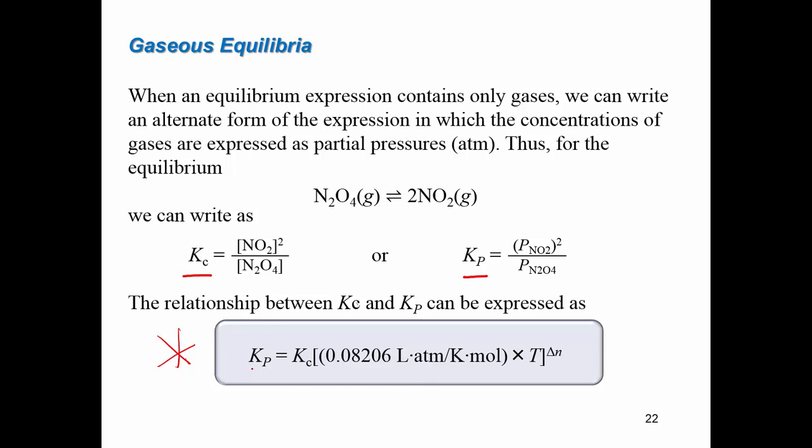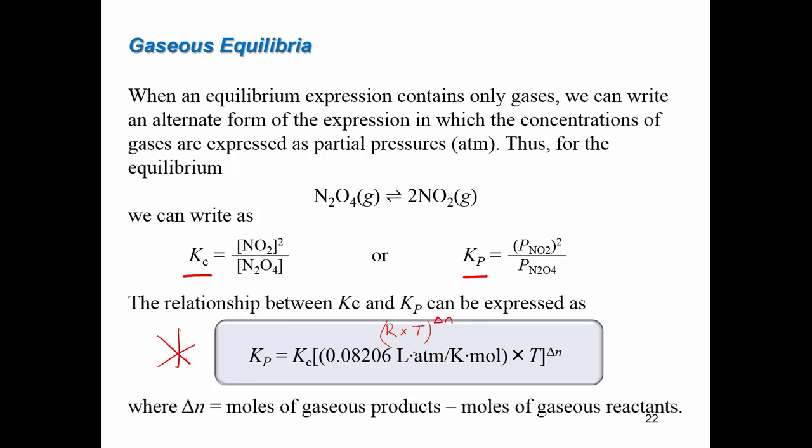Please understand, write down, and know how to work this expression. Kp is equal to Kc times RT. This RT is raised to the power of delta N. Delta N is the difference in the moles of the gas in the products and the moles of the gas in the reactants.